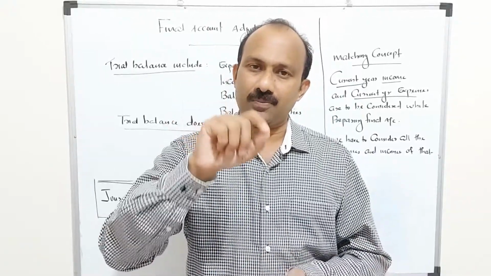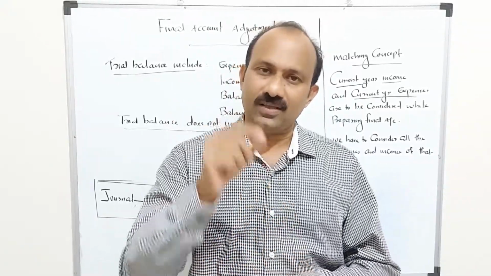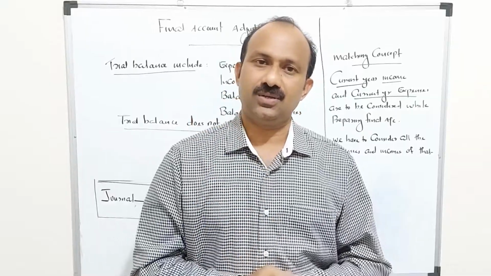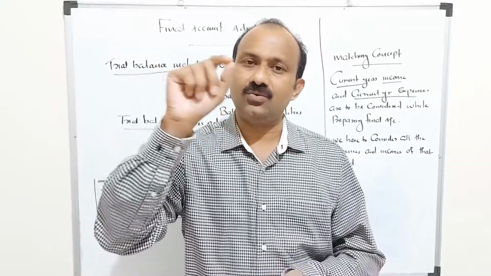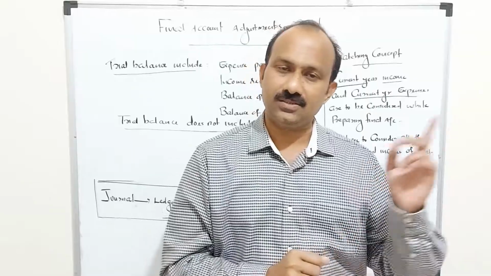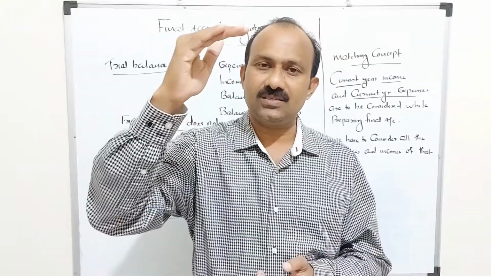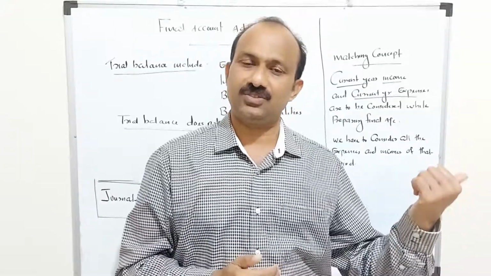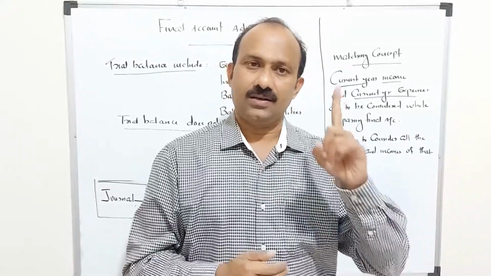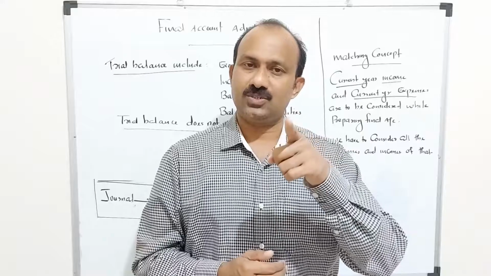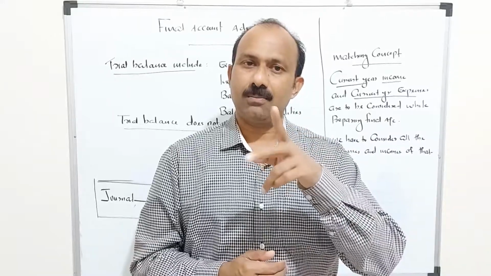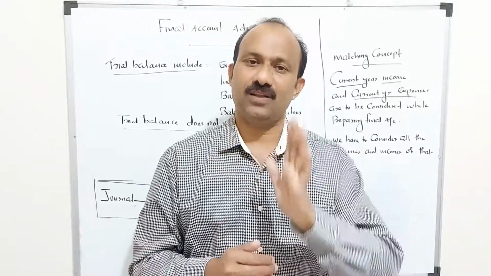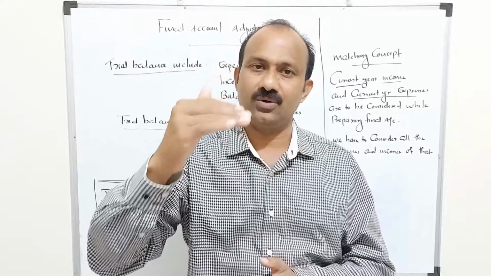But when you are preparing the financial statement of a business, some items are not included in the trial balance. Simply, we can say the financial statement is prepared from the trial balance. The trial balance includes expenses paid, income received, balance of assets, and balance of liabilities. These are the four items included in the trial balance.